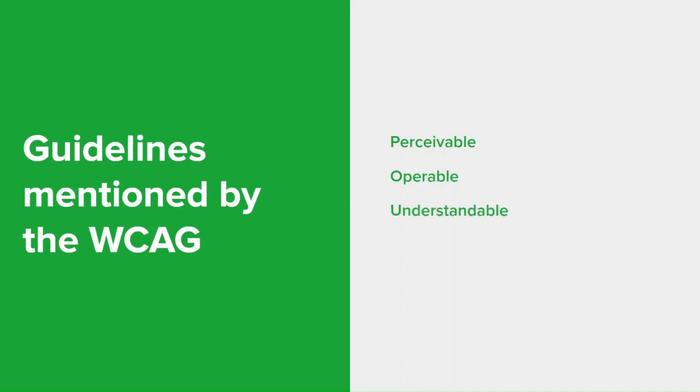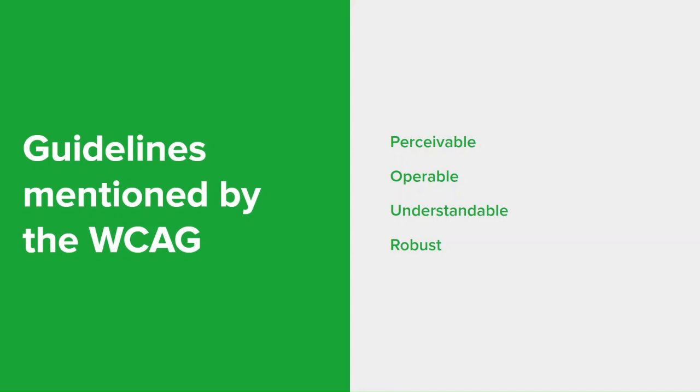It's also important for content to be understandable, and that means making sure that the text content is readable and understandable, making sure web pages appear and operate in predictable ways, and helping users avoid and correct mistakes. And lastly, the content must be robust. Essentially you want to maximize compatibility with current and future user agents and trends, including assistive technologies.